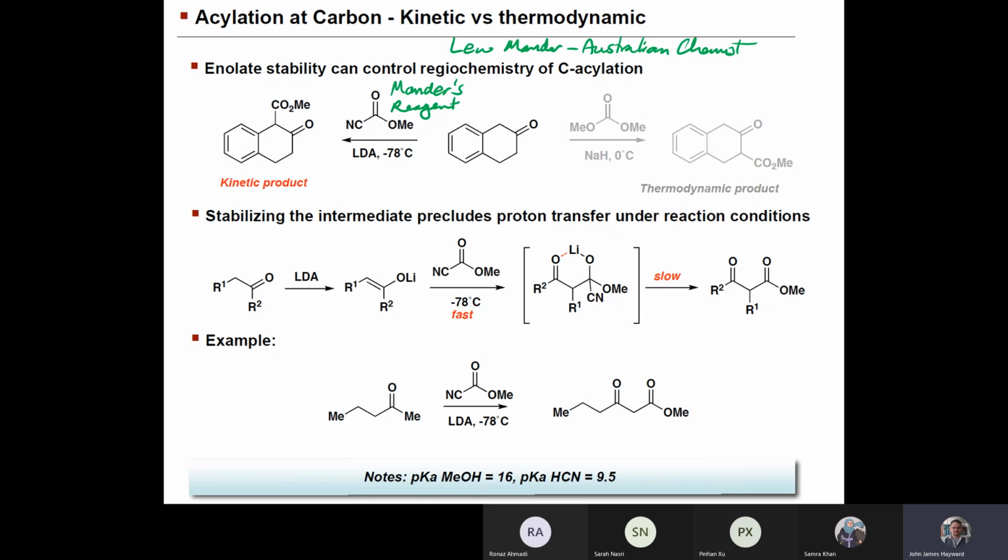Remember, the key to getting a thermodynamic product is the reversibility of a reaction. If it's not reversible, it will not give a thermodynamic product. It can't. You've got to be able to equilibrate.